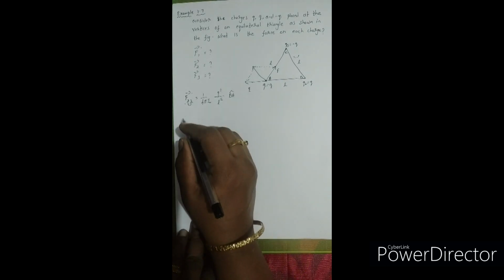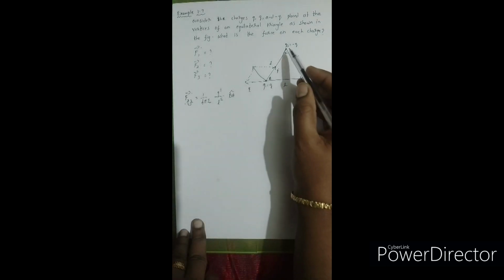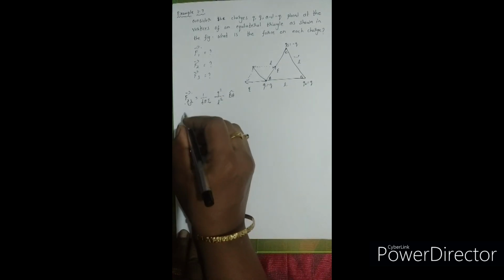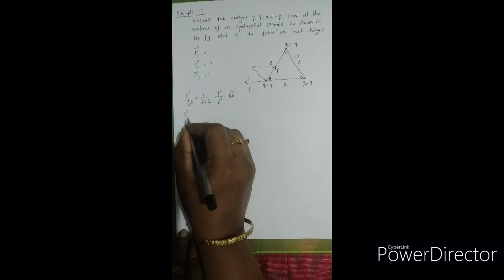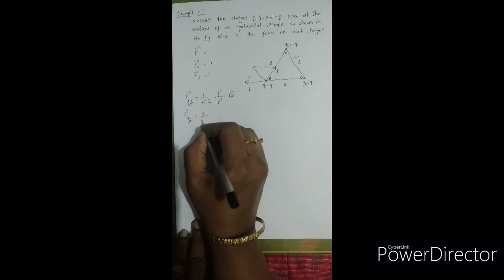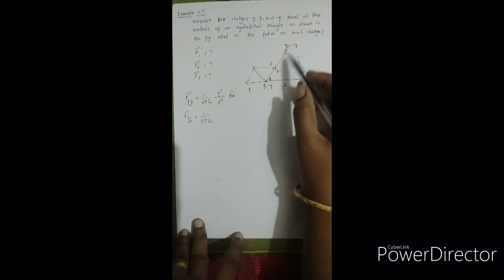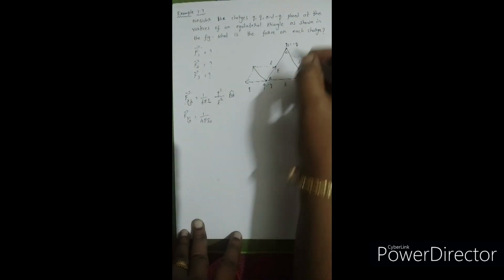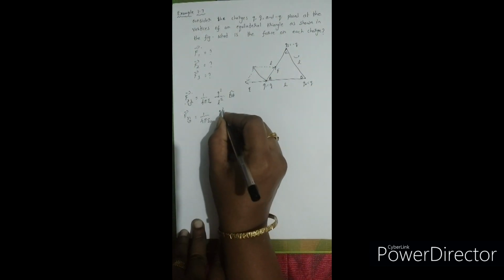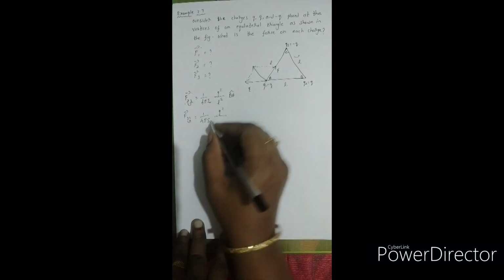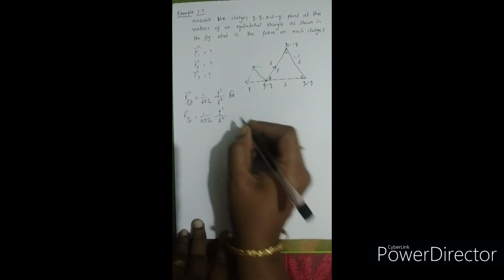Okay children, right? Similarly, what will be the force on Q1 due to Q3? That will be equal to 1 by 4 pi epsilon naught. Again Q and Q, magnitude of the charges are the same, so Q square divided by the distance between the charges is L, so L square.